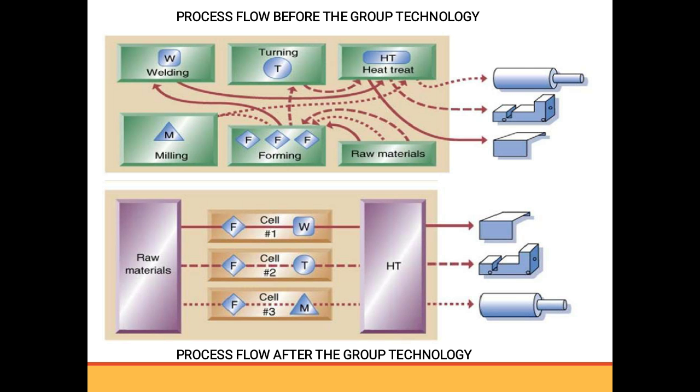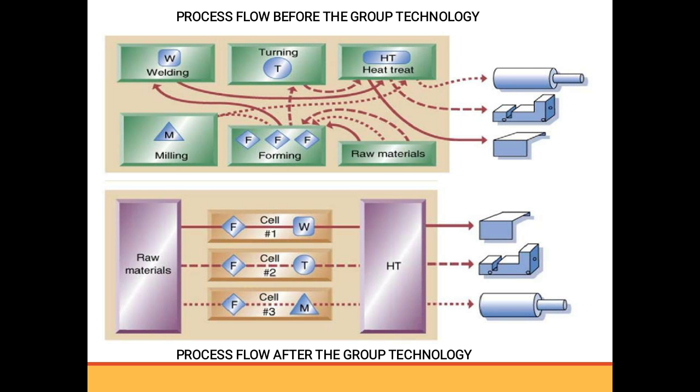But if we rearrange the machines according to the families, we can consider here the raw material and its production flow. Because every part needs heat treatment, the heat treatment section is the last section, and in between the raw materials store and heat treatment, the machines are arranged as per the sequence of operations.